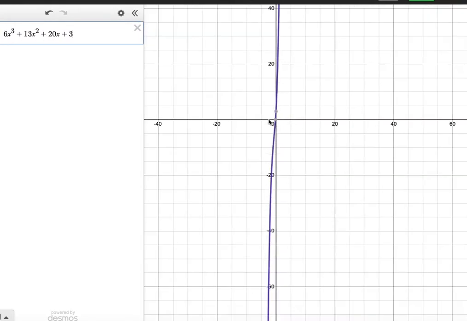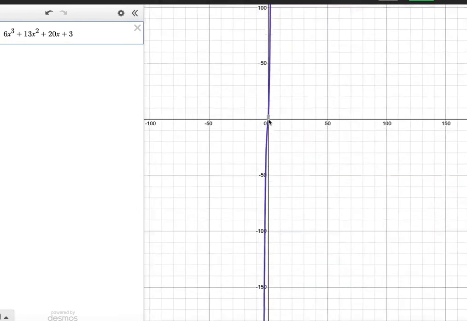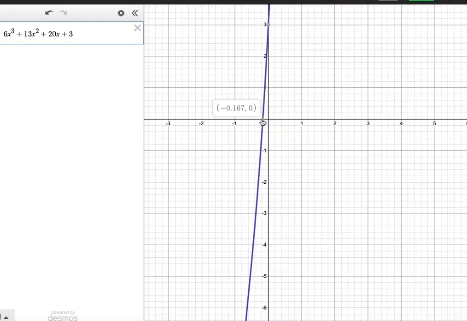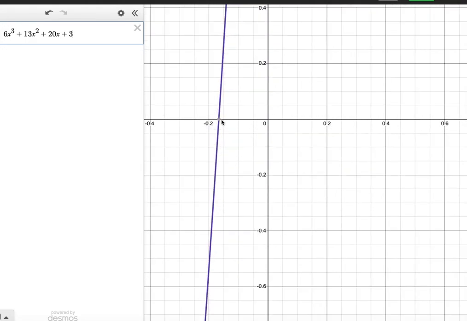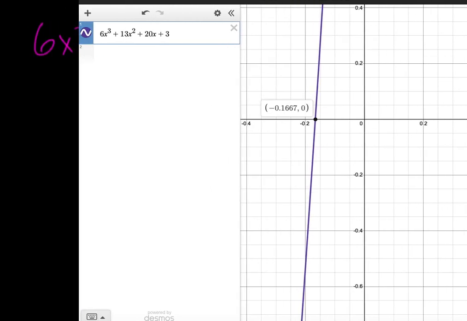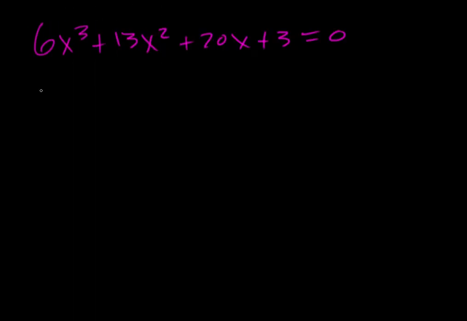Okay, we go here. I can only see 1. And so we have negative 0.1666 repeating.